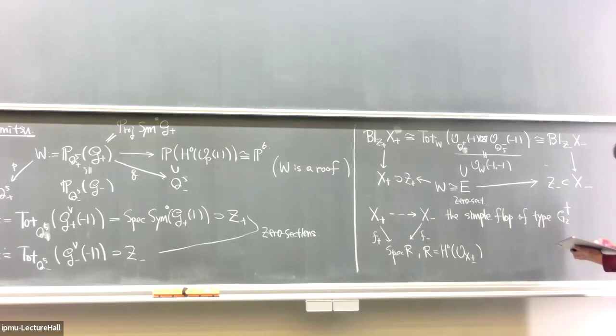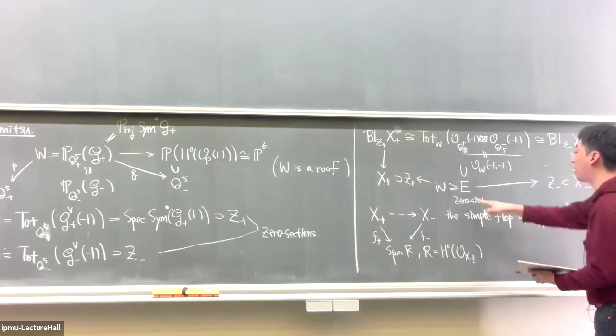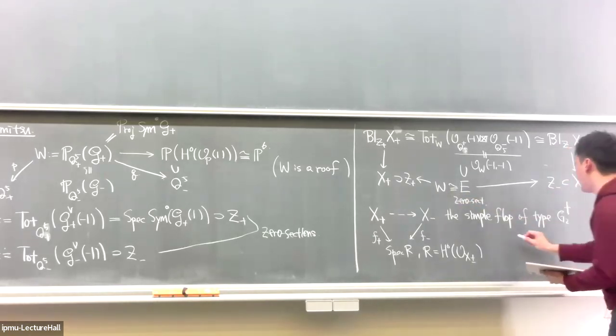So this is what is called D2, because now we consider this variety W.